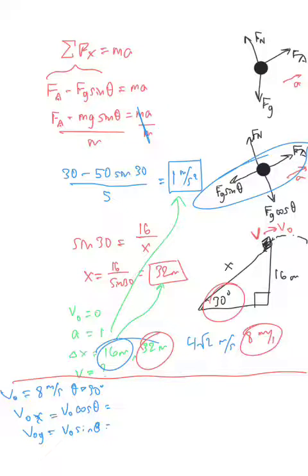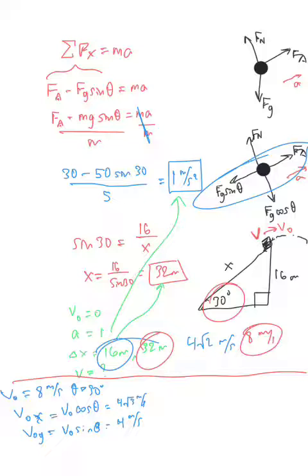So 8 times the cosine of 30. Cosine of 30 is root 3 over 2. So 8 times root 3 over 2 would give you 4 times root 3. And 8 times the sine of 30, which is 1/2, just gives you a y velocity of 4. Both of these measured in meters per second.